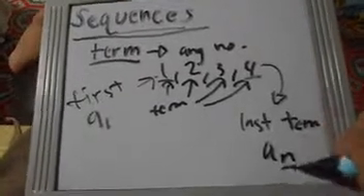The n here denotes the number of terms in a sequence. For example, in this sequence there are 4 terms. Therefore, this 4 here can also be called a sub 4, since this is the last term.